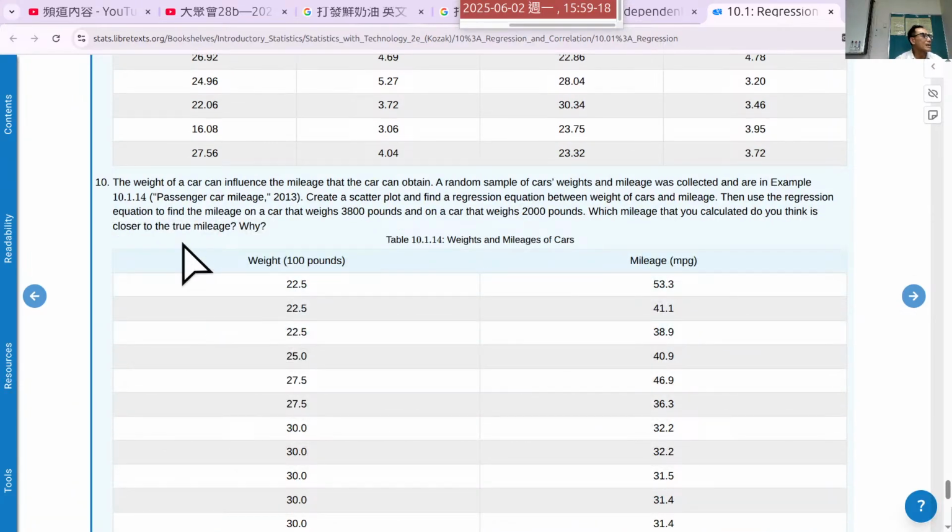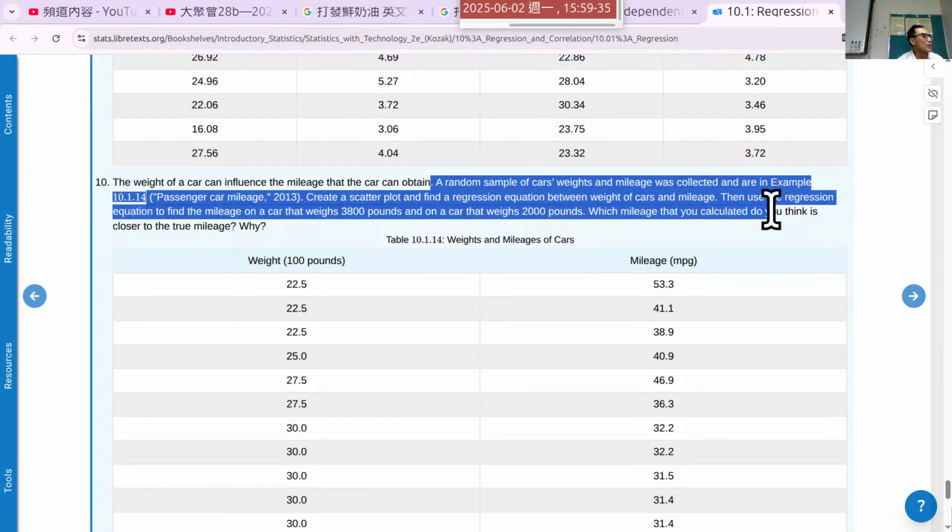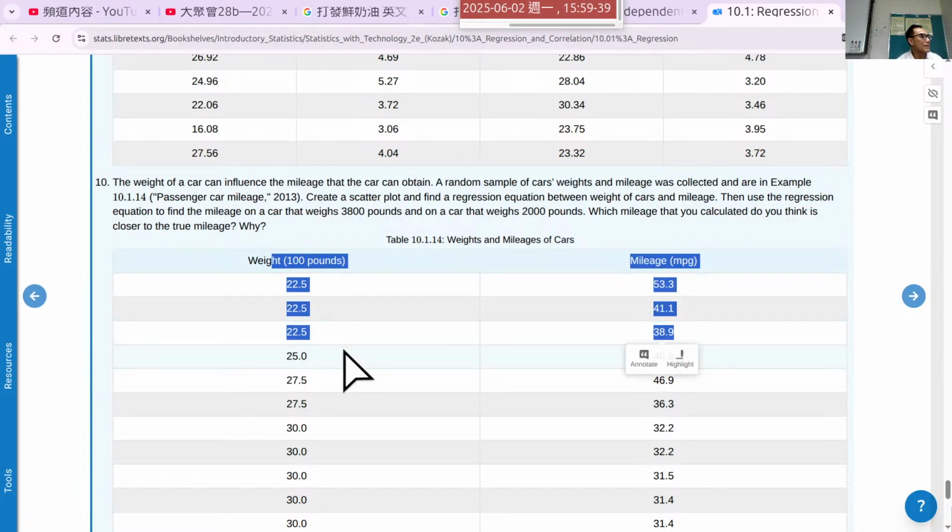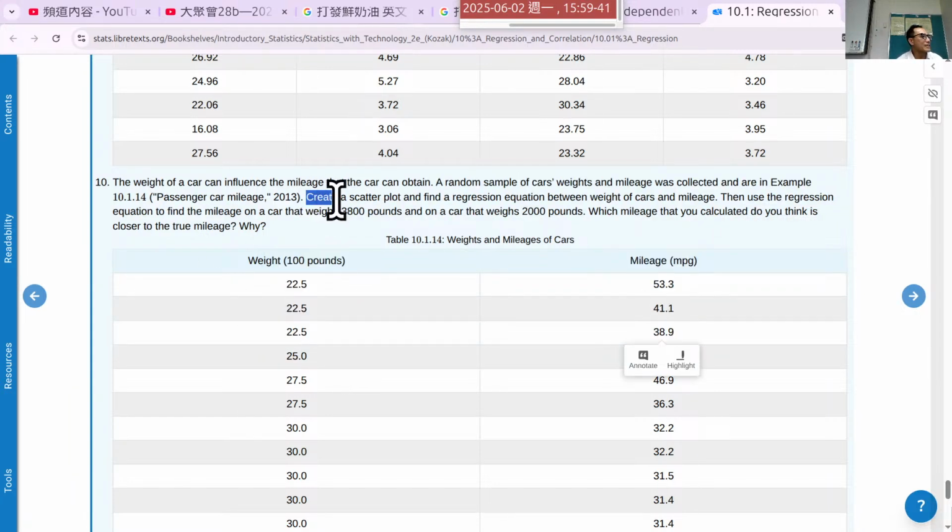Question number 10 here. The weight of a car can influence the mileage that the car can obtain. A random sample of cars' weights and mileage was collected in example 10.1.14, like this one. Please create a scatter plot and find a regression equation between weight and cars' mileage.